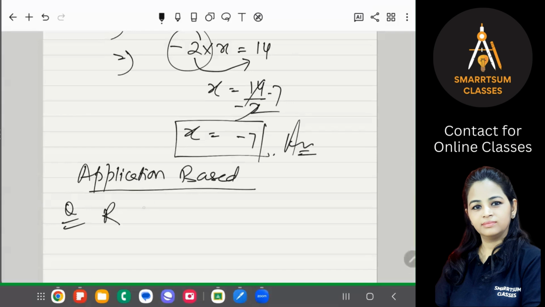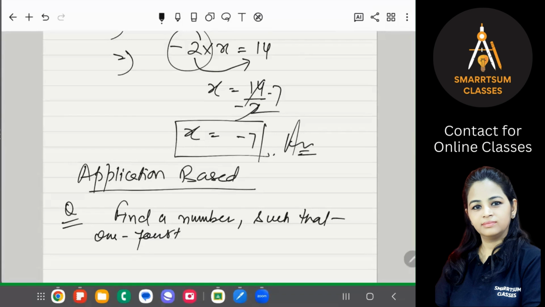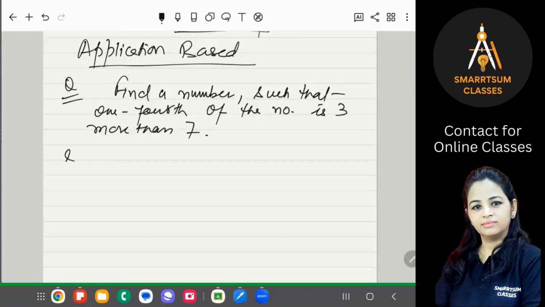For example, find a number such that 1/4 of the number is 3 more than 7. So what we have to do, we will first convert this given case into the equation, right?